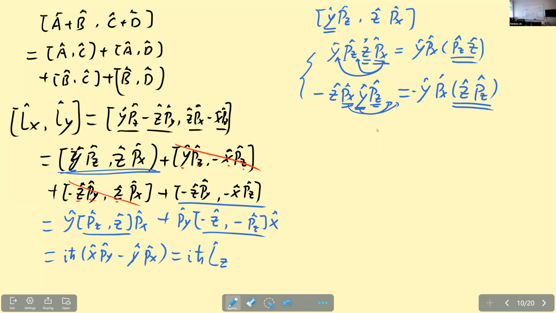So that will give you y px ([pz, z] minus [z, pz]). Okay, so this is just this term.